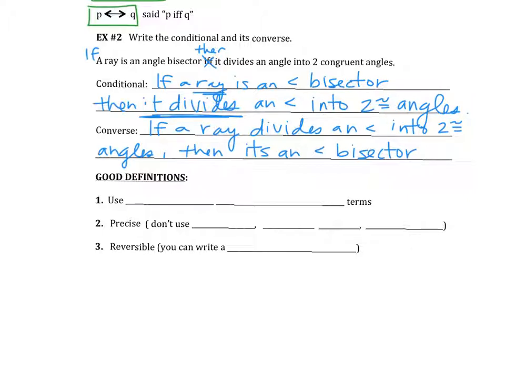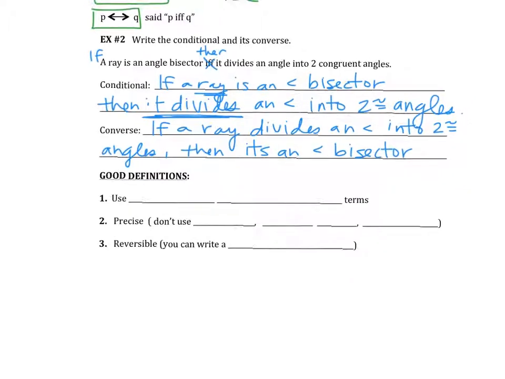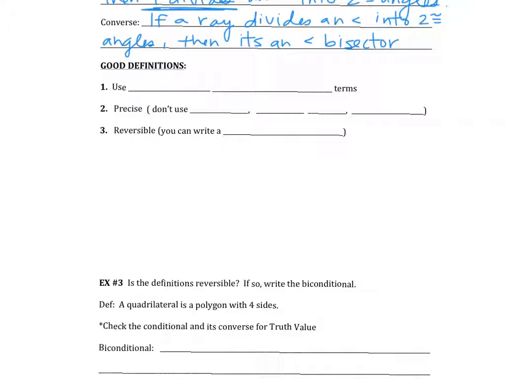Okay, good definitions. I know, again, feels a little bit like English class, right? We're talking about definitions. But when you're dealing with the types of conditional statements that we are, you have to know if something is true or not, right? And then therefore know if it is a good definition or not. So you're going to be using a lot of math terms with good definitions, but still definitions, okay?